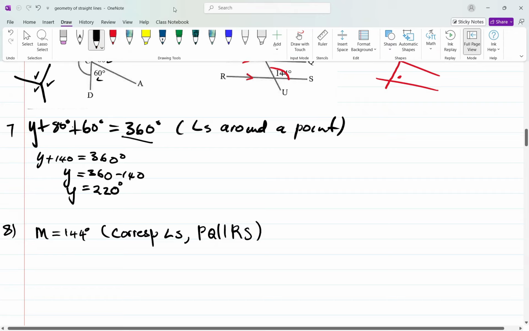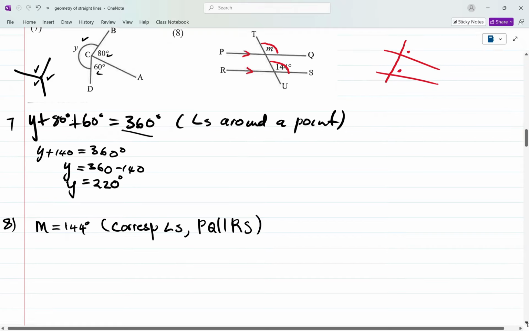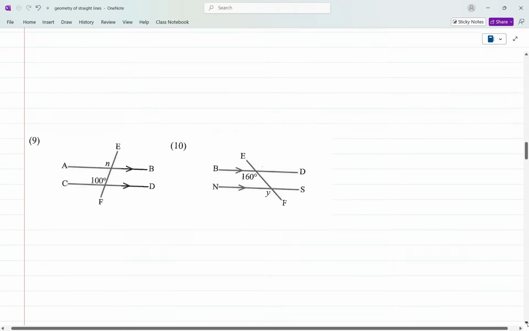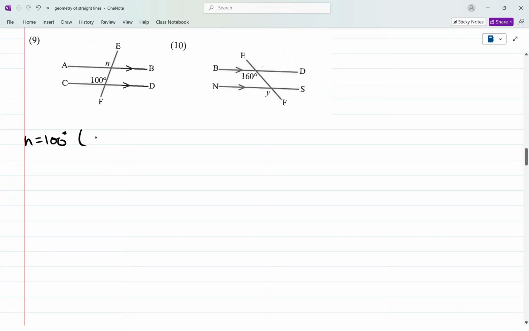And then we move on to number 9, sorry. With number 9, we have the value of n as 100 degrees also. The reason for that will also be corresponding angles. Now we have line AB being parallel to CD. This line right here is parallel to this one.